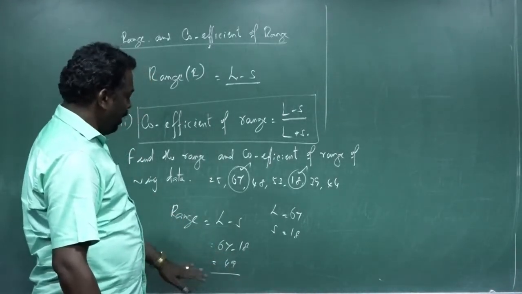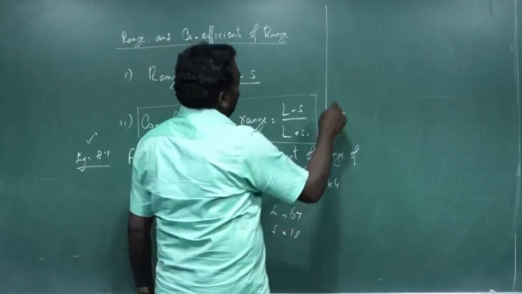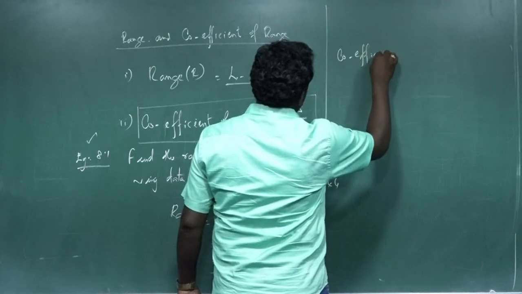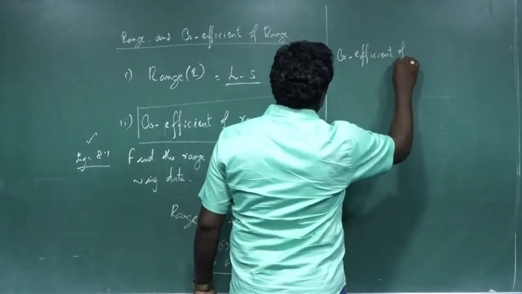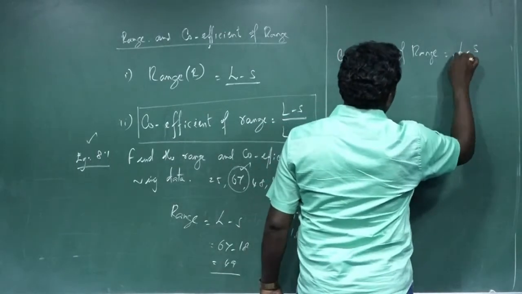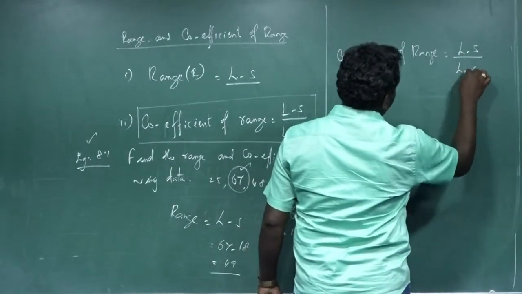Now next, find the coefficient of range. It is defined as largest minus smallest, divided by largest plus smallest.